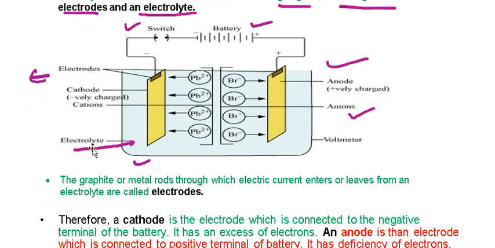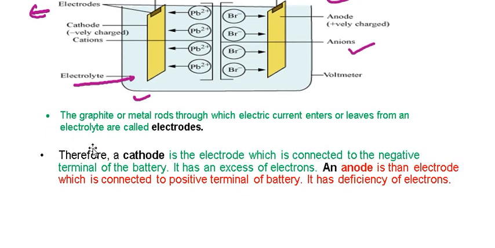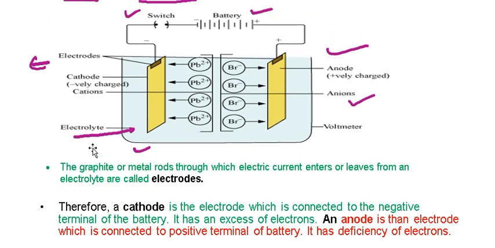Now you see this very well here. The graphite or metal rods through which electric current enters, that means through which we can apply the current, or leaves an electrolyte are called electrodes.